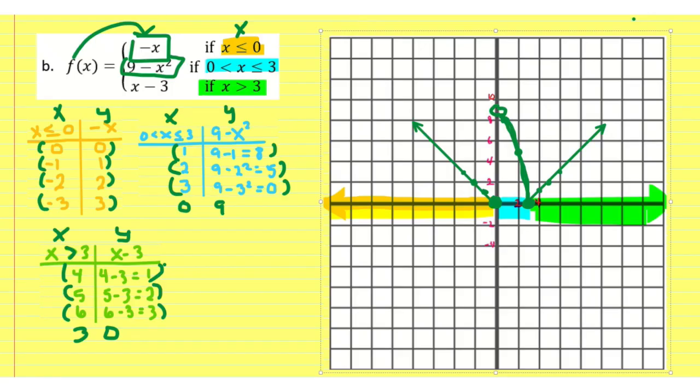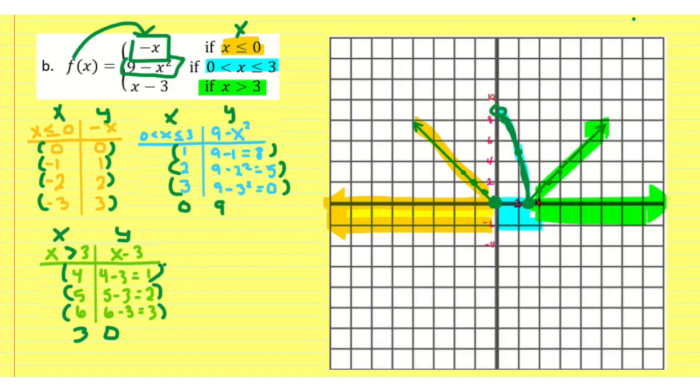Again, this first piece only exists less than 0, right? And then this piece of the graph only exists between 0 and 3. And this third piece of the graph only exists greater than 3.